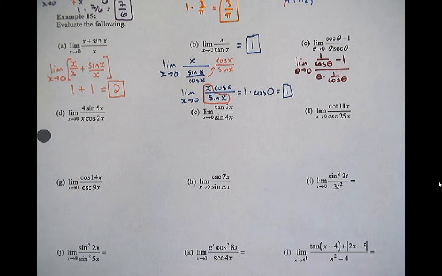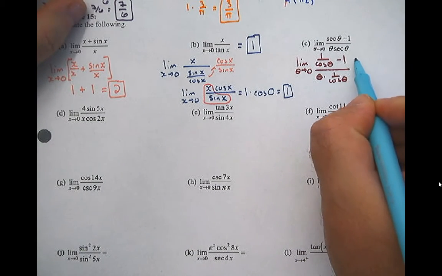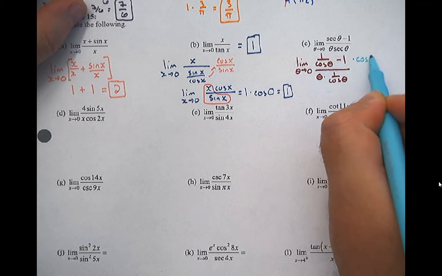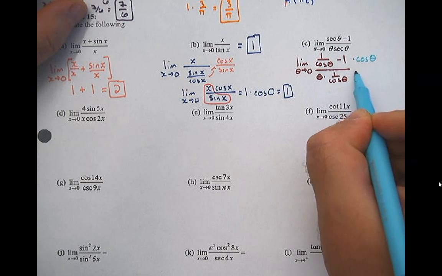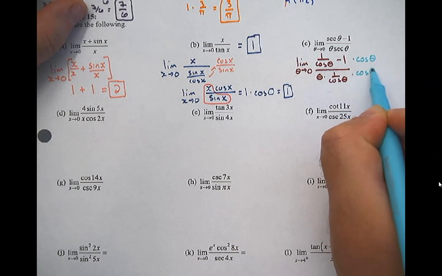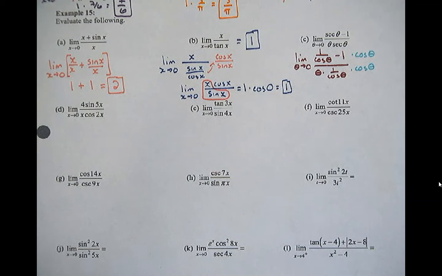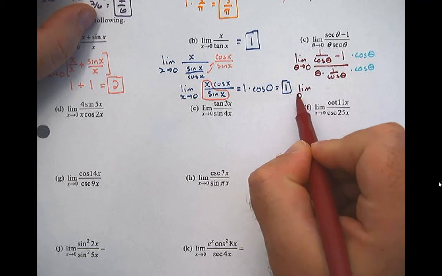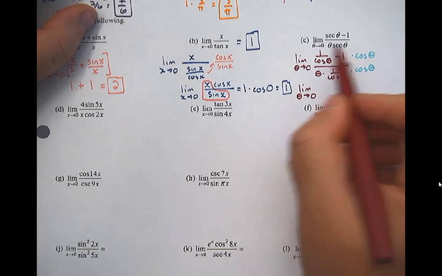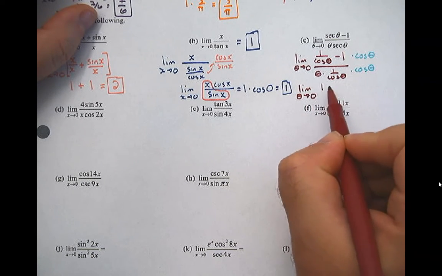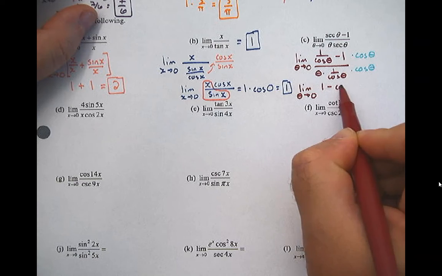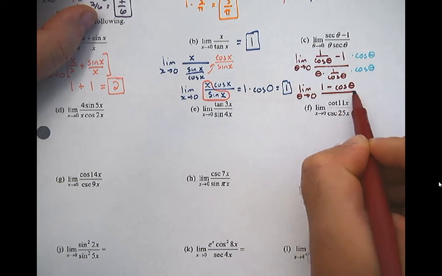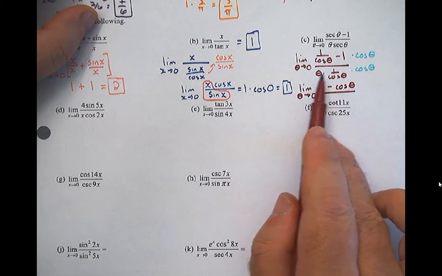Now we go back to our other techniques that we've talked about. How do we get rid of a fraction within a fraction? We multiply by the least common multiple. So cosine of theta to the top, cosine of theta to the bottom. So we would now have the limit as theta approaches 0 of cosine over cosine is 1 minus cosine over, now this is all multiplied, so you don't distribute this.